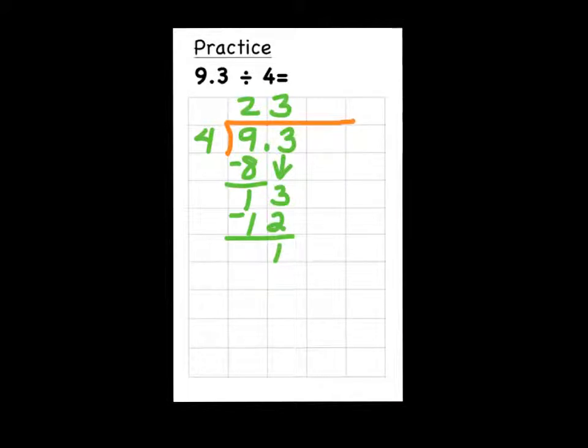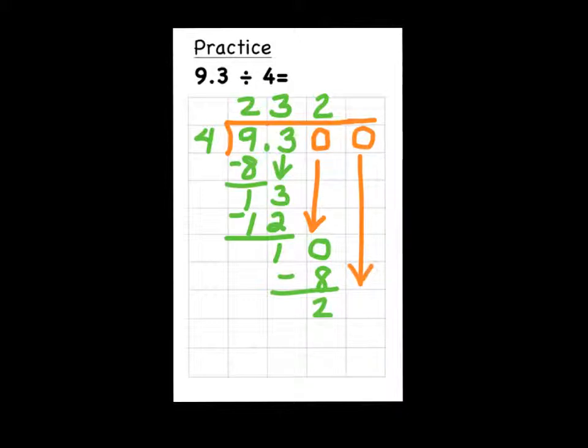So here I'm going to simply put a 0 in my dividend in the next open spot, bring that down, and continue my problem. So now I'm looking at 10 divided by 4, and 4 goes into 10 2 times. 2 times 4 is 8. Subtract, and I still have a remainder. So I can actually add another 0 here and bring that 0 down.